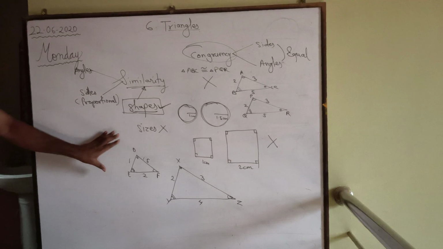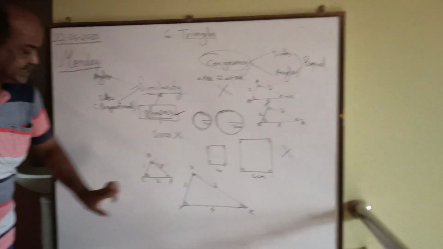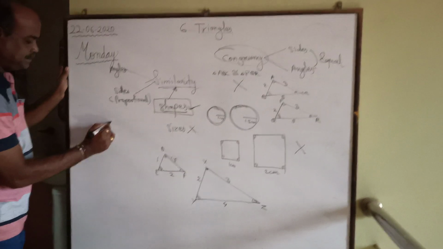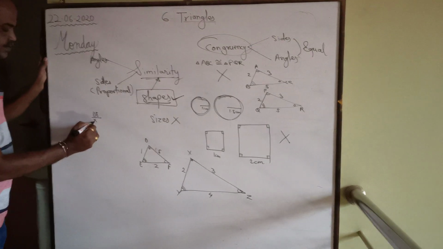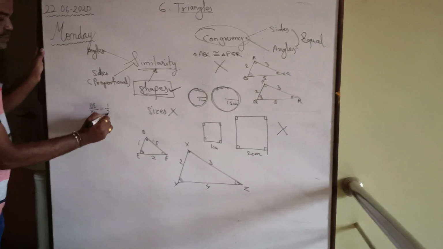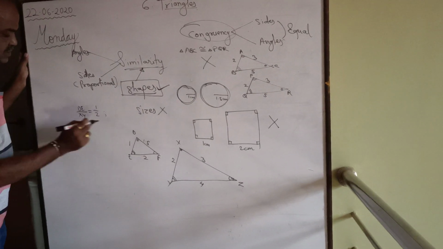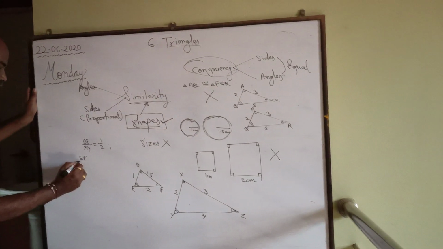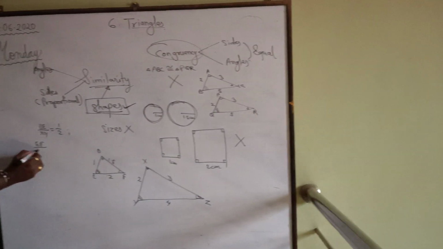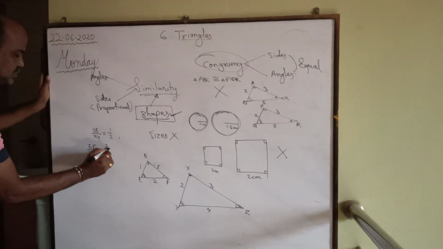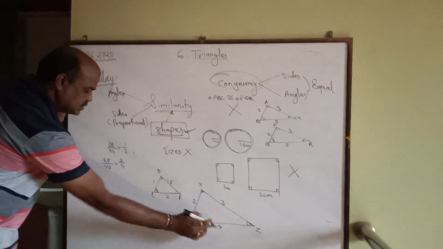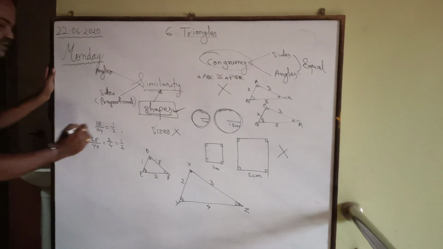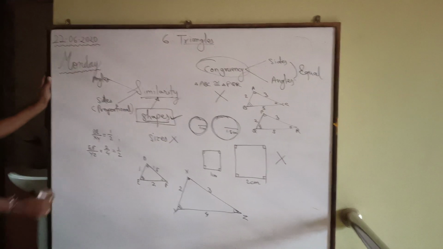Still, if we deal with the corresponding sides, we come to know one thing, that DE upon XY is 1 by 2. EF upon YZ is also 2 by 4, that means once again it is 1 by 2.